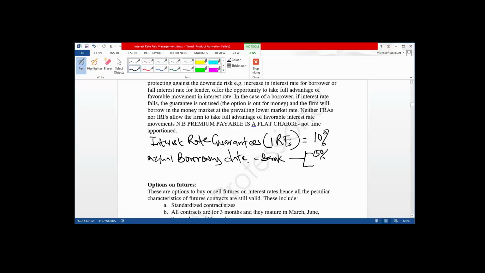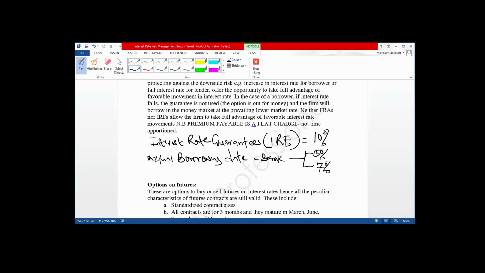But if the interest rate happens to be 7% when you want to borrow your money, and you have entered into a guarantee rate of 10% maximum, the guarantees are options. In this case, you are going to opt out of the option contract. You are not going to apply your guarantee.